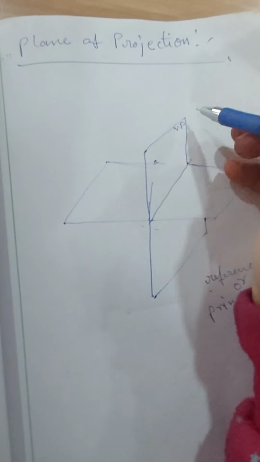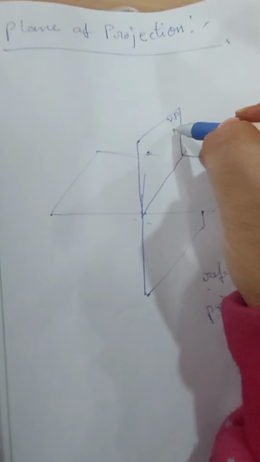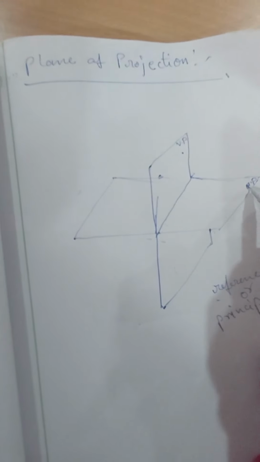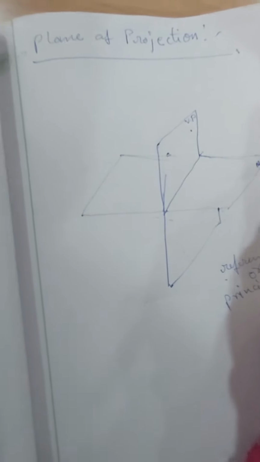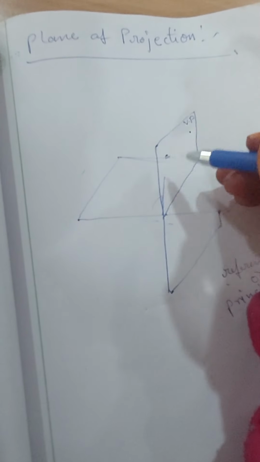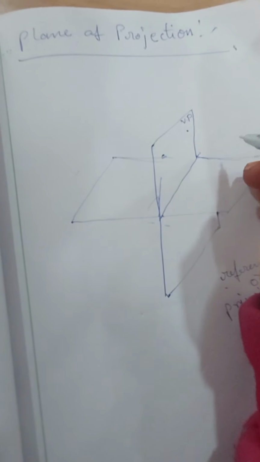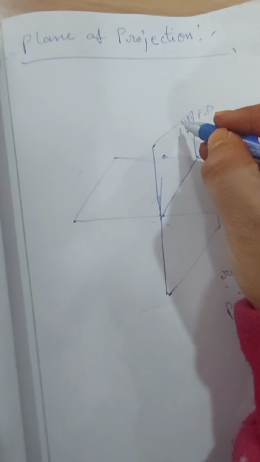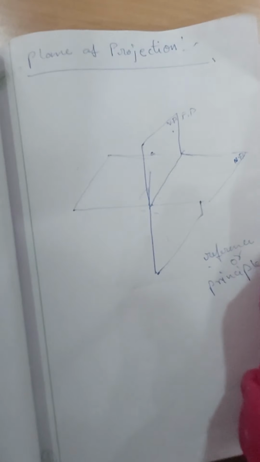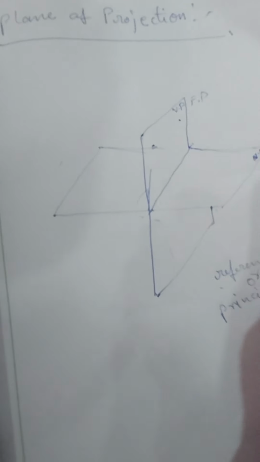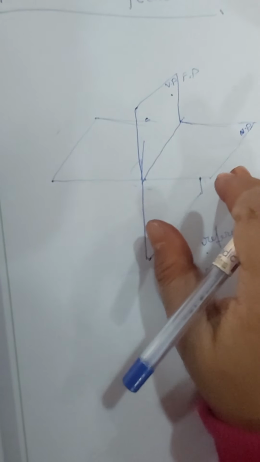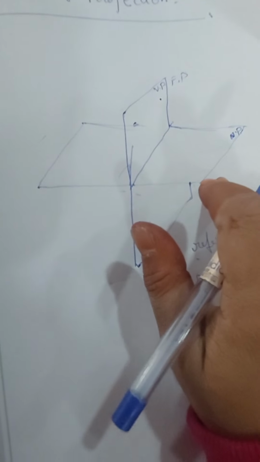The rectangle which we can see vertical is known as the vertical plane, and this horizontal one is known as the horizontal plane. The vertical plane is also known as the frontal plane and denoted by the letters FP. Generally, other than FP, we will always represent the plane as VP, vertical plane, and the other plane is the horizontal plane of projection, also known as HP.